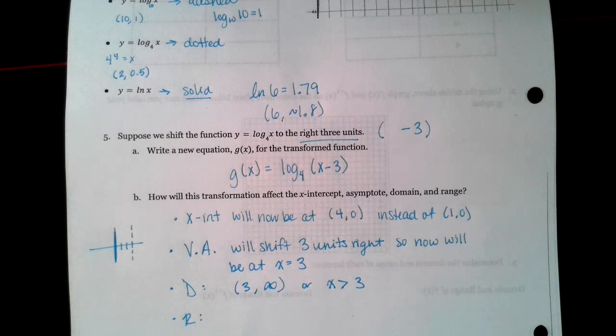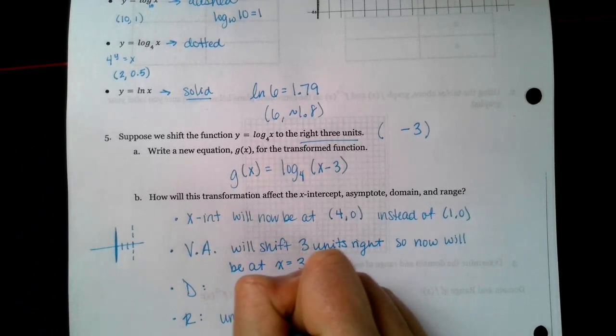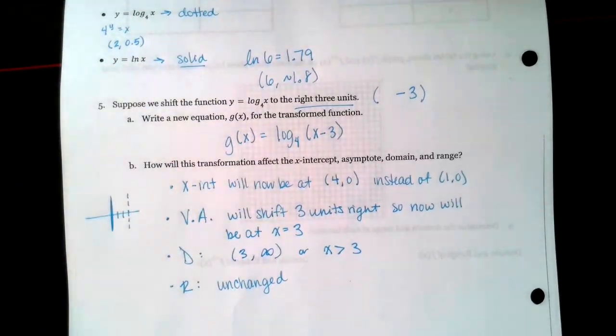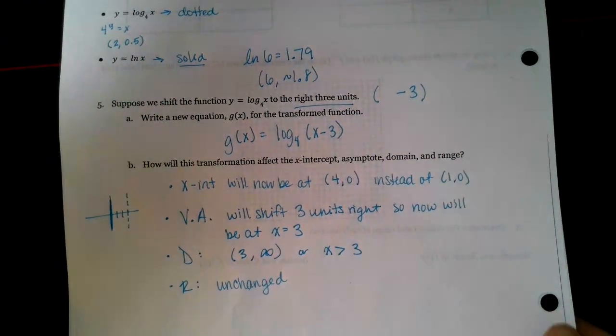If I'm just shifting my graph to the right, my range is actually going to be unchanged. My original range was all real numbers. Oops, sorry about that. If I'm moving it to the right, it will still be all real numbers. So let's look at a couple examples together on the other side after we do our quick notes.